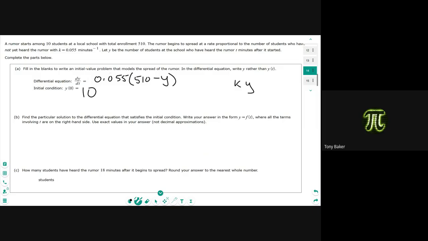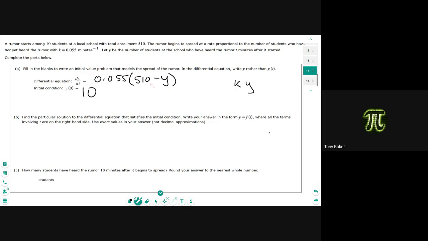Now that we have that as a differential equation, we can then change it into the actual equation that we need.